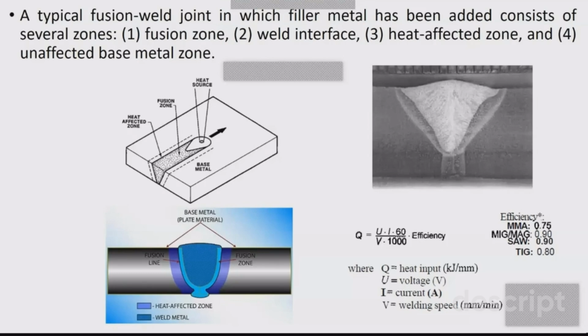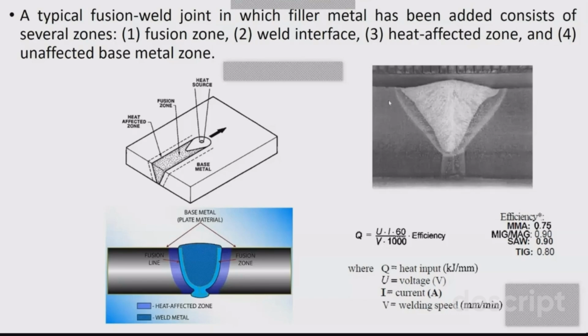So you bevel them, and then you bring these two workpieces together, and with the help of your filler wire or electrode, which is consumable in nature, you supply the weld metal into this particular welded zone, and the fusion has taken place in a very small region here, which is known as the weld interface or weld boundary. You can see this portion is the heat affected zone, which has undergone thermal cycling during the welding process. This particular portion is known as the root of the welded joint.